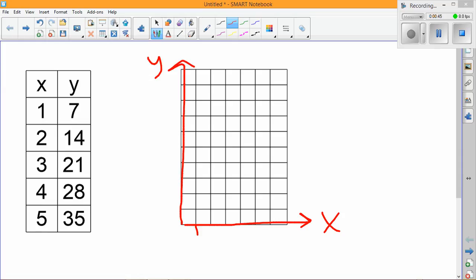And I'm going to make my scale on the x-axis be 1. And my scale on the y-axis, I'm going to go by 5s.